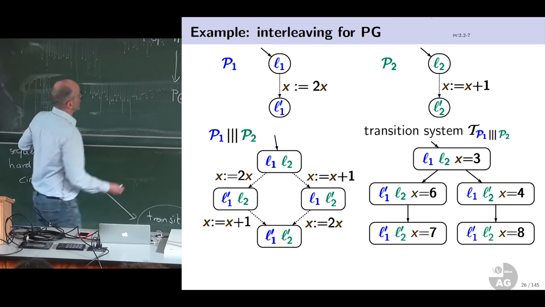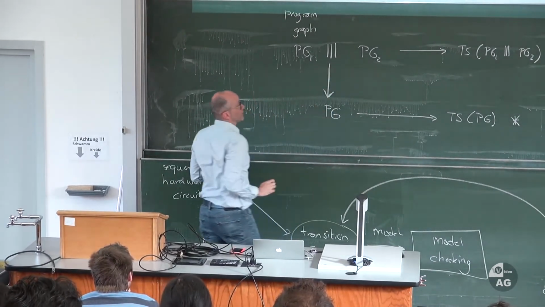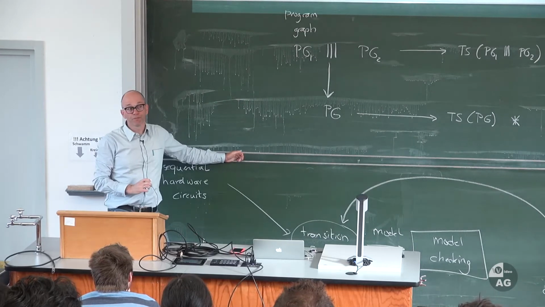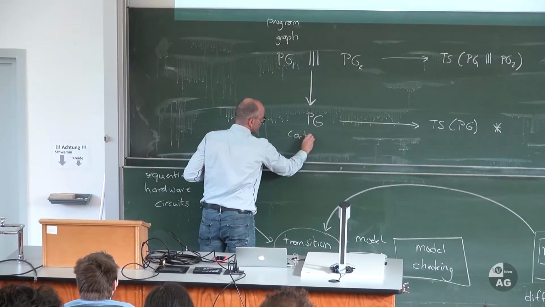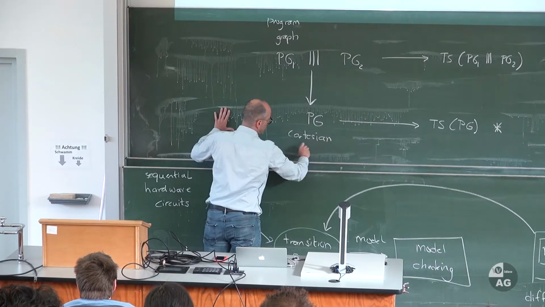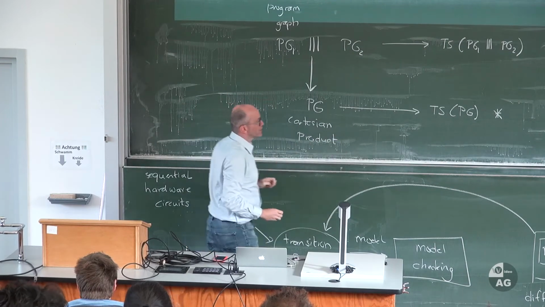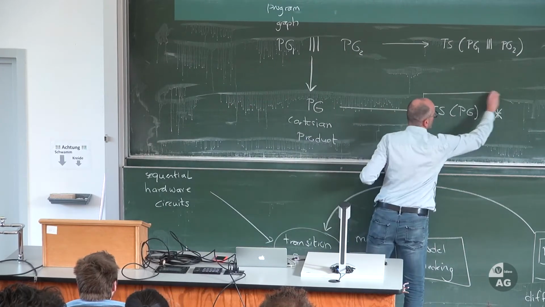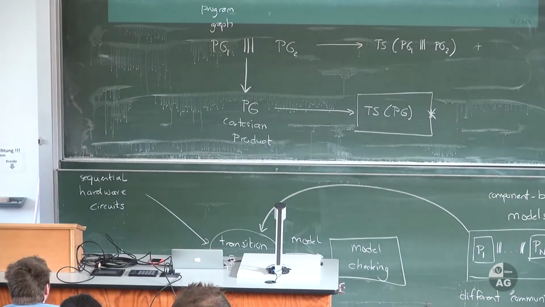So this is the procedure we're doing. We have this operation that tells you what is the parallel execution of two program graphs. This gives you basically the Cartesian product. And on that, we apply the mapping of the transition system, and this is the transition system that actually adequately represents the parallel composition.